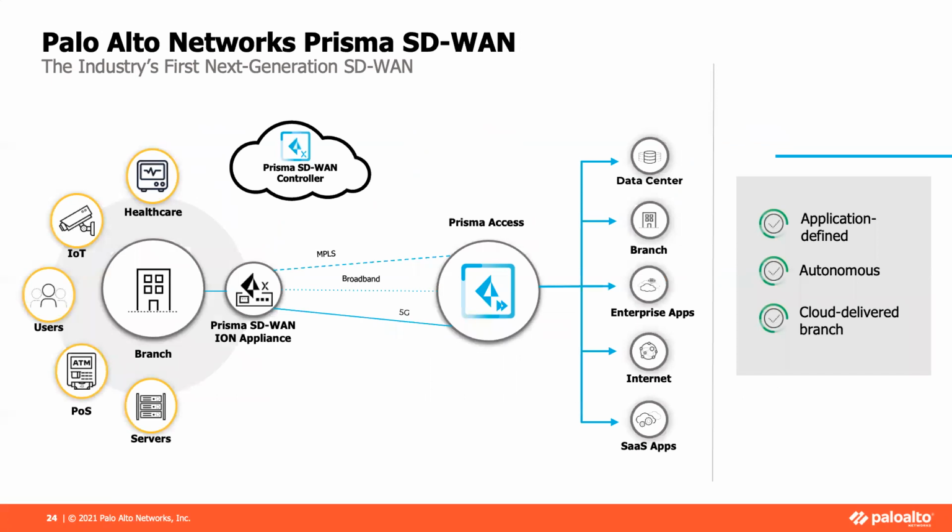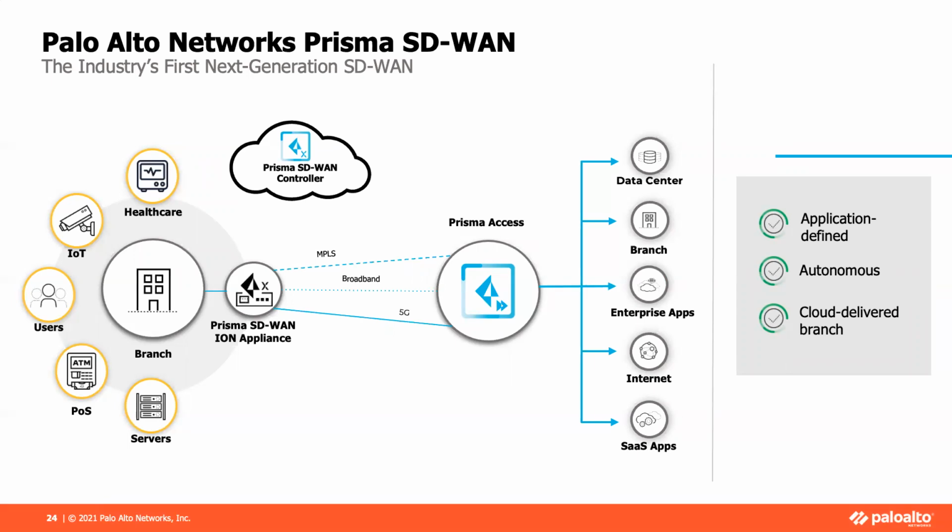The idea of Prisma SD-WAN is to remove that, to take all of the configuration and all of the management that used to be at every single site and move it in the cloud. One centralized location to protect all of the stuff that might be at a branch office or a regional office or a sales office or whatever, including users and IoT devices like security cameras and card swipers and all those sort of things.